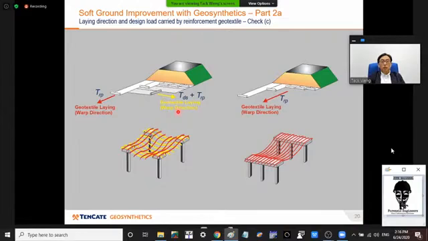And so typically you are providing the reinforcement strength in the main direction or the rollout direction. So you need to roll it out in the directions that you need the tensile strength to resist whatever forces.